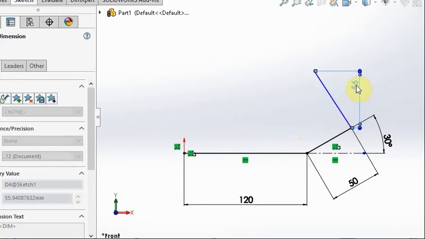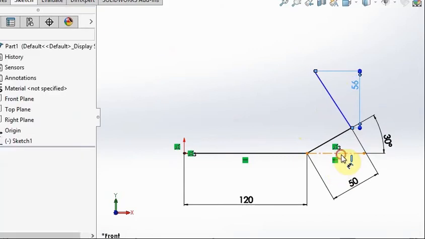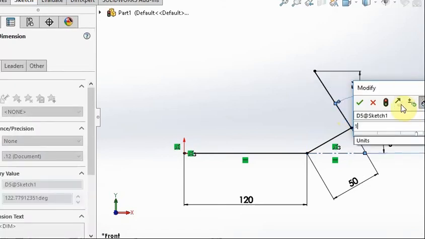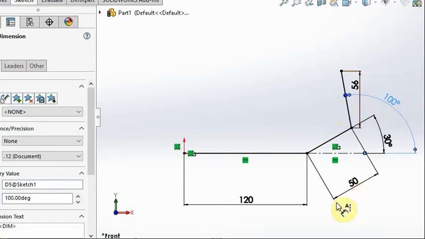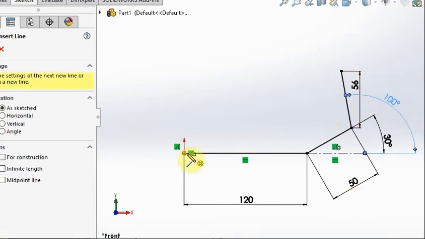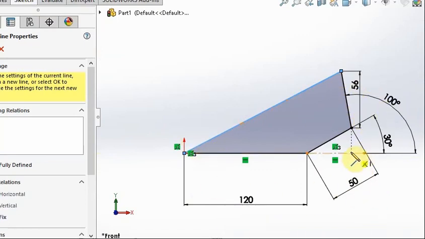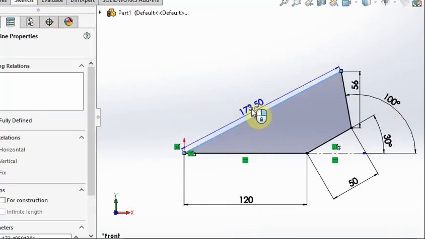We have 56 here, at an angle of 100 from the horizontal, so we put our 100 degrees there. And then finally we close off our polygon just like that. We have 120, 50 and 56.